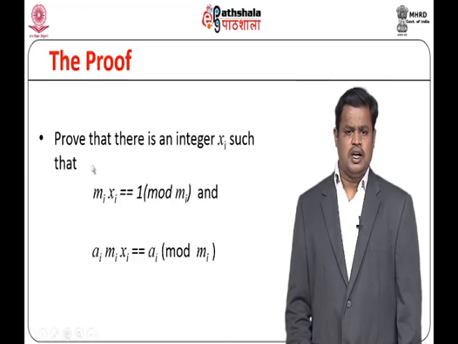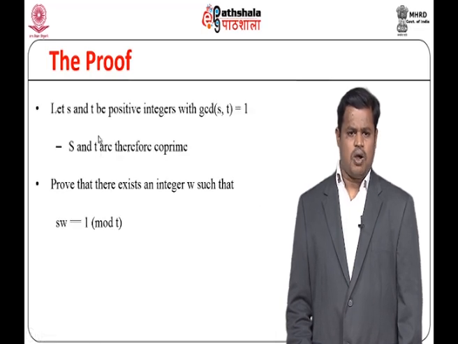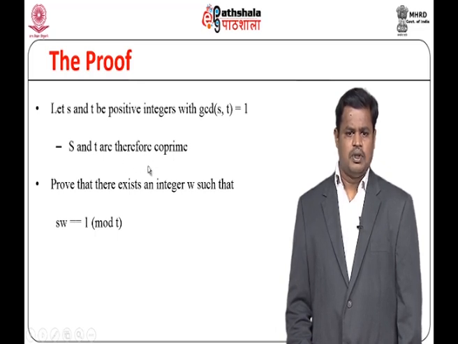The next comes the integer. As we started with the congruence equation, with the GCD and the co-prime condition, there exists an integer w such that s w is equal to 1 mod t.